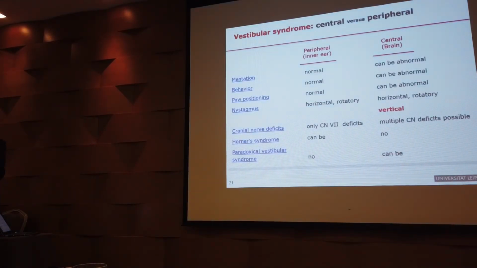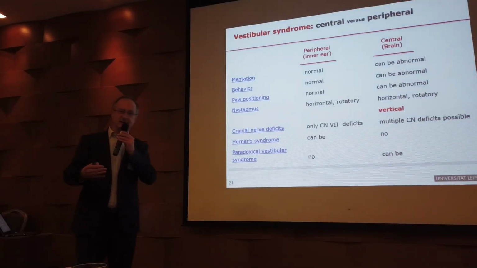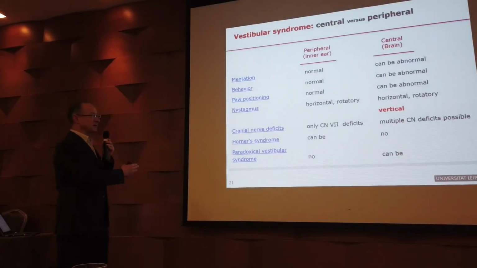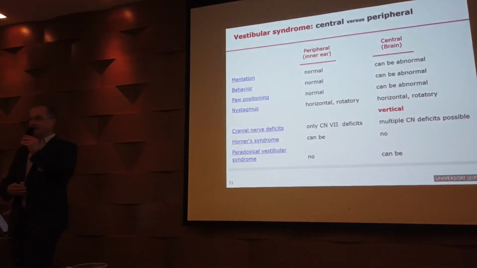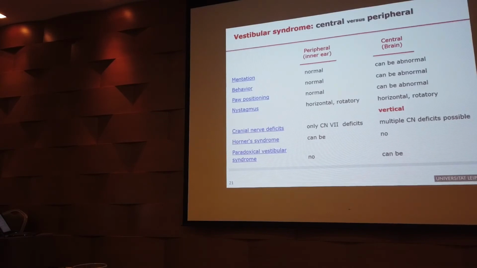Now I will several times refer to this table. As I said before, I had one slide about neurolocalization, and this is probably the one slide about differentiation between central and peripheral vestibular disease. I have different criteria here, and then I have listed how they behave in peripheral and in central vestibular disease.